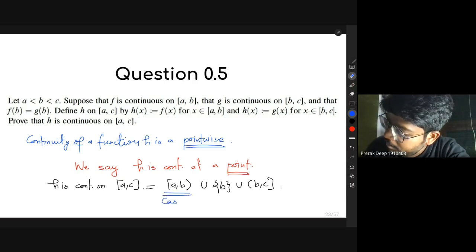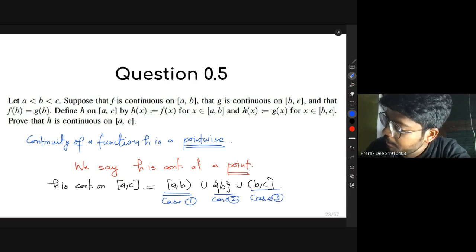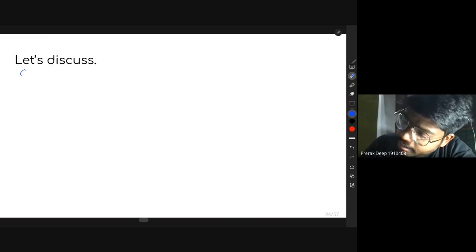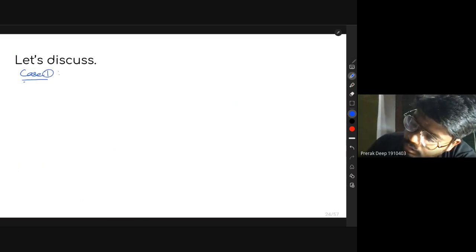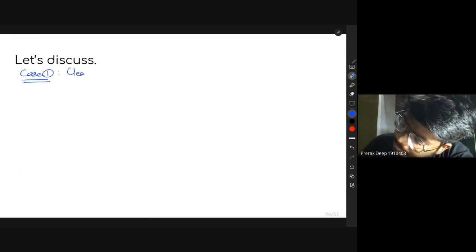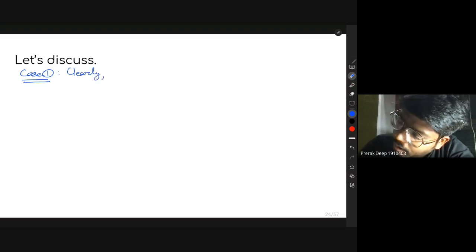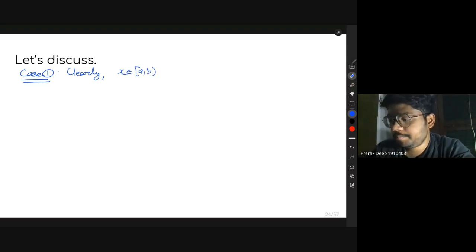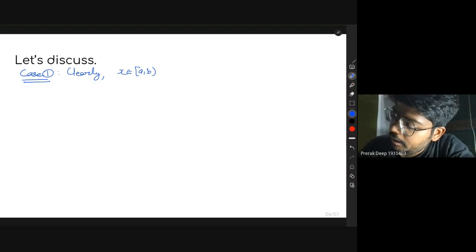On the first domain we will call it case 1, second case 2, third case 3. Now on case 1, clearly when you take x in this interval, your h(x) is nothing but f(x).